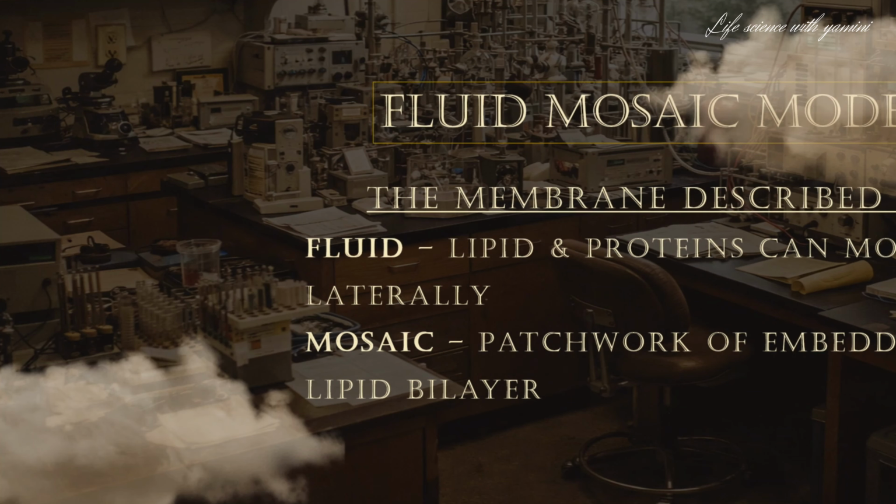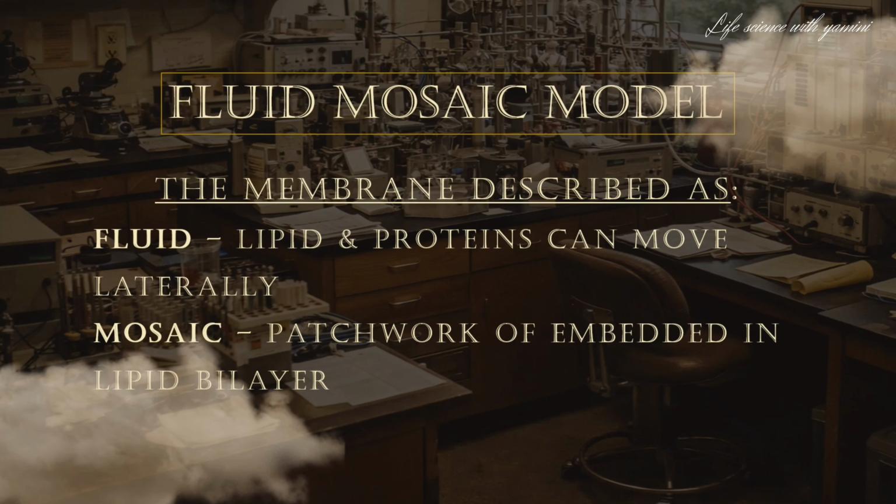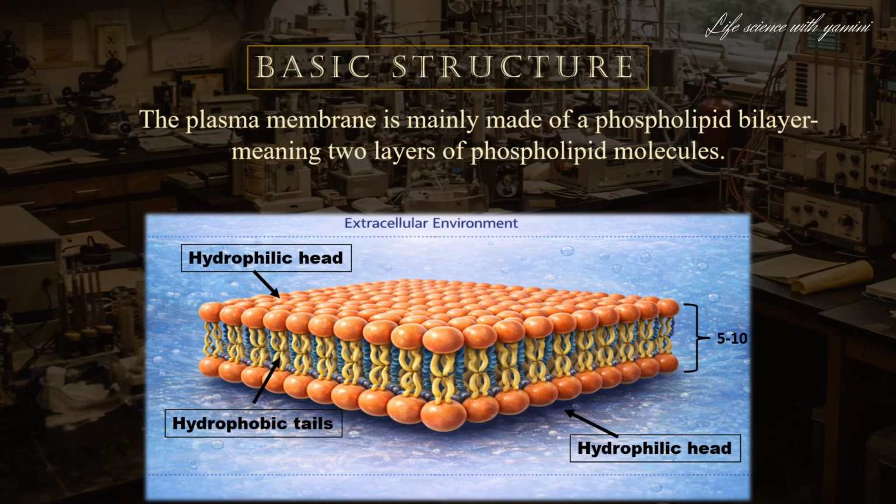Fluid mosaic model. The membrane is described as fluid because lipid and protein can move laterally. Mosaic means patchwork, with proteins embedded in the lipid bilayer. Basic structure: the plasma membrane is mainly made up of a phospholipid bilayer, meaning two layers of phospholipid molecules.